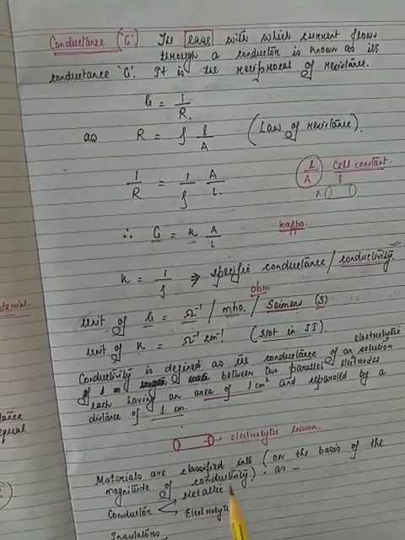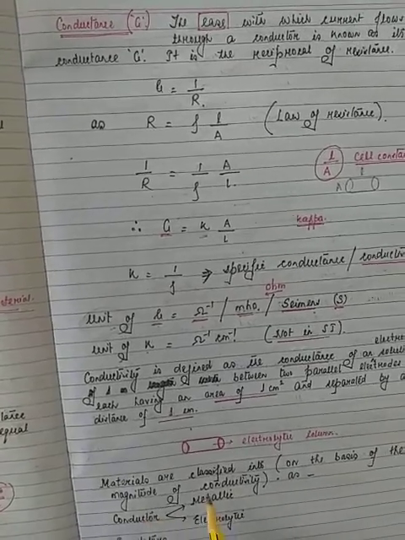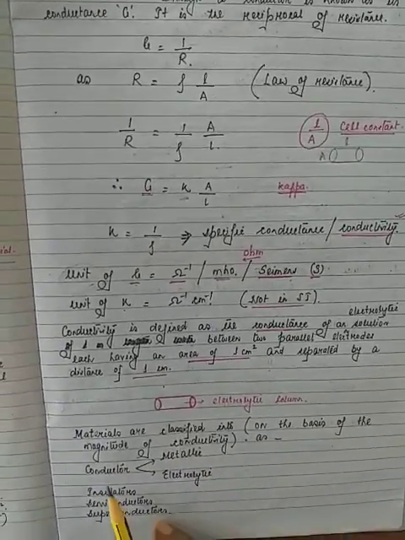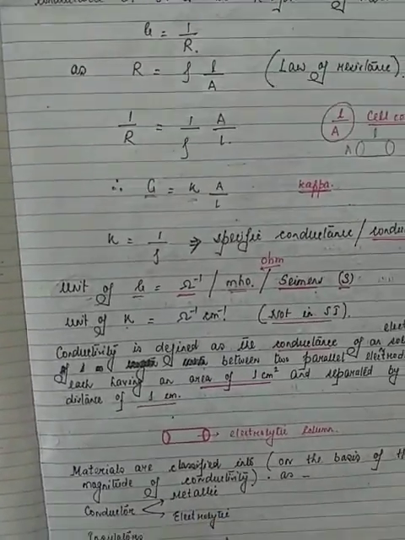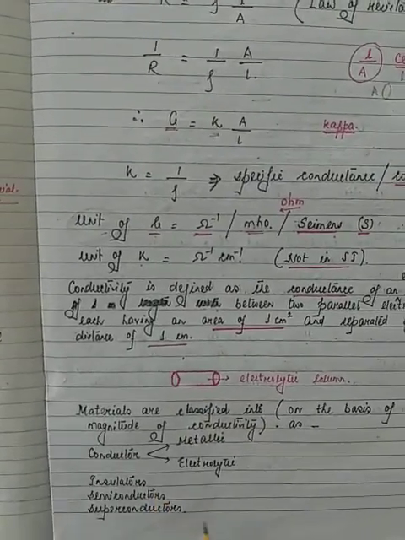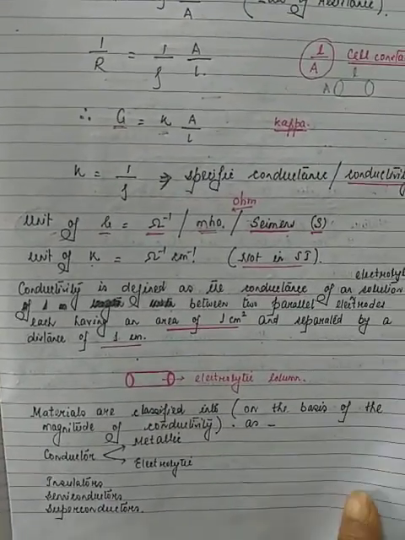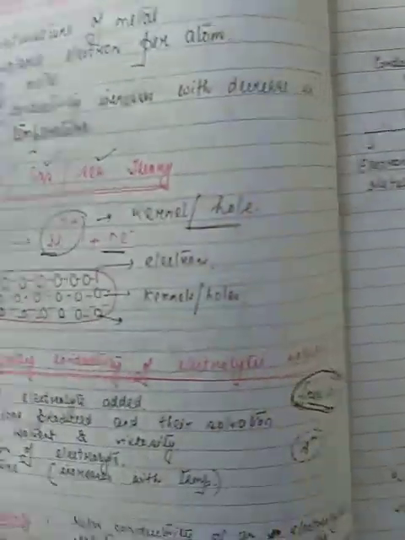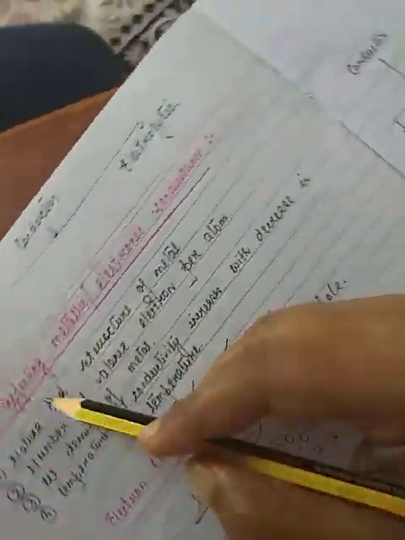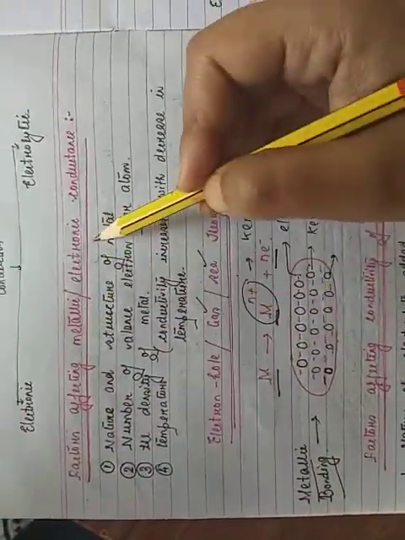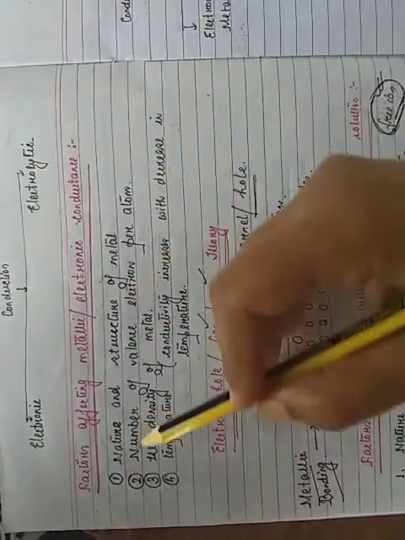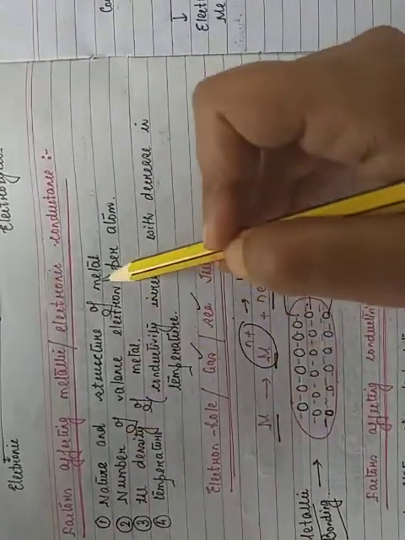The materials are classified on the basis of magnitude of conductivity, as the conductor could be metallic or electrolytic, insulator, semiconductor, or superconductors. The factors affecting metallic or electronic conductance is nature and structure of metal.